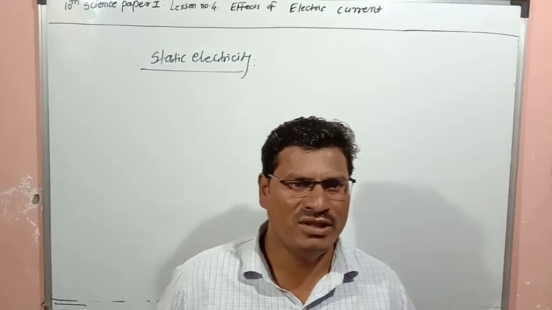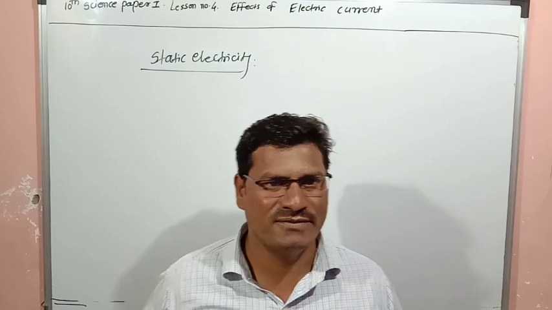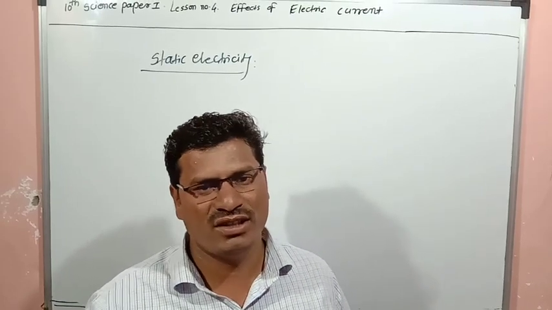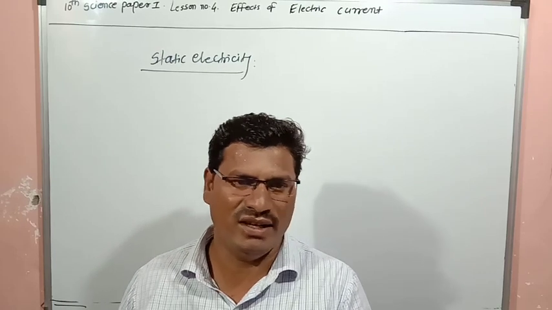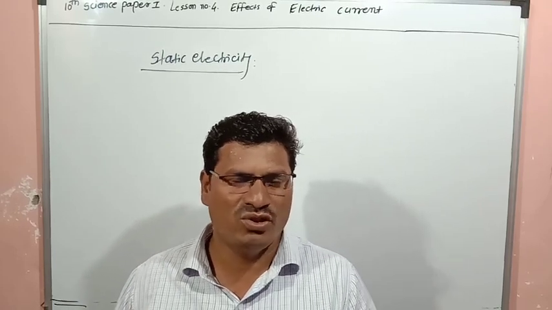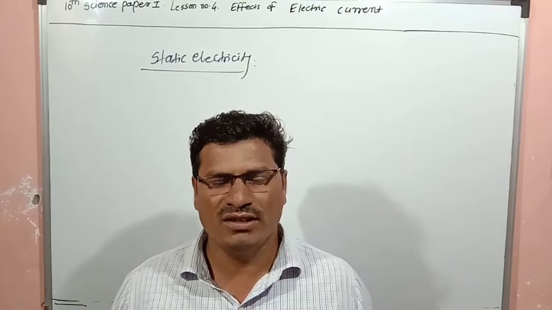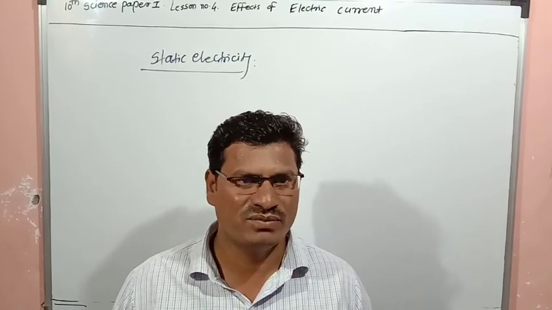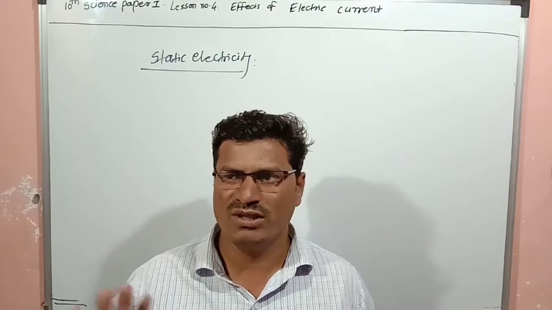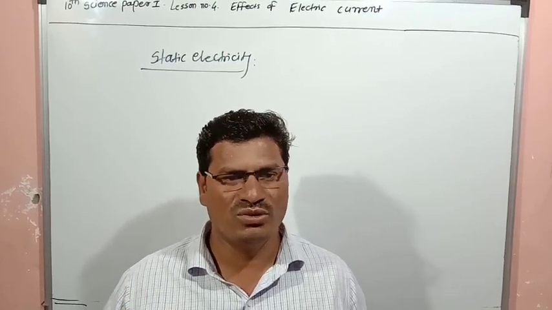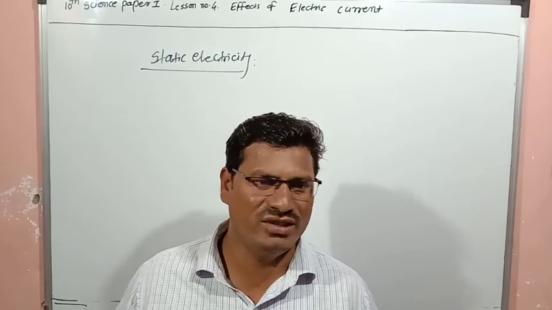For example, if you rub a plastic scale on the hair and take that scale near pieces of paper, the pieces of paper get attracted. That is one example of static electricity. Another example: if you rub a balloon and stick it to the wall, the balloon sticks because the balloon is charged and the wall is uncharged.